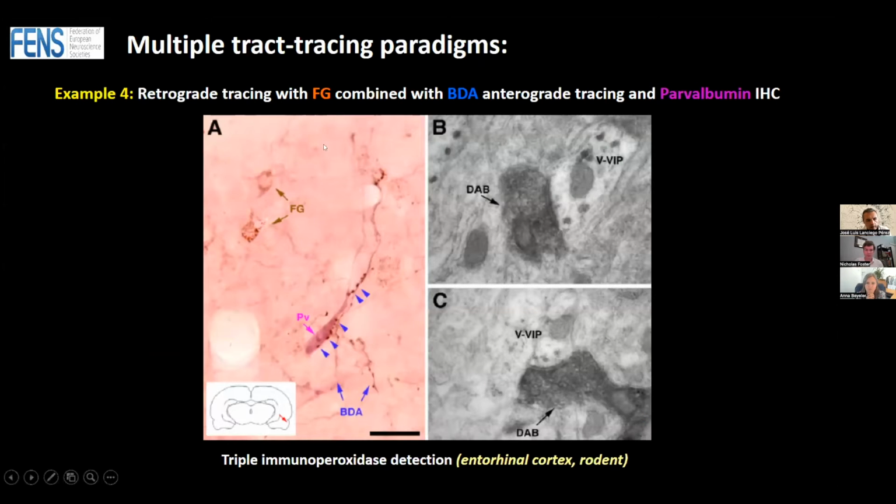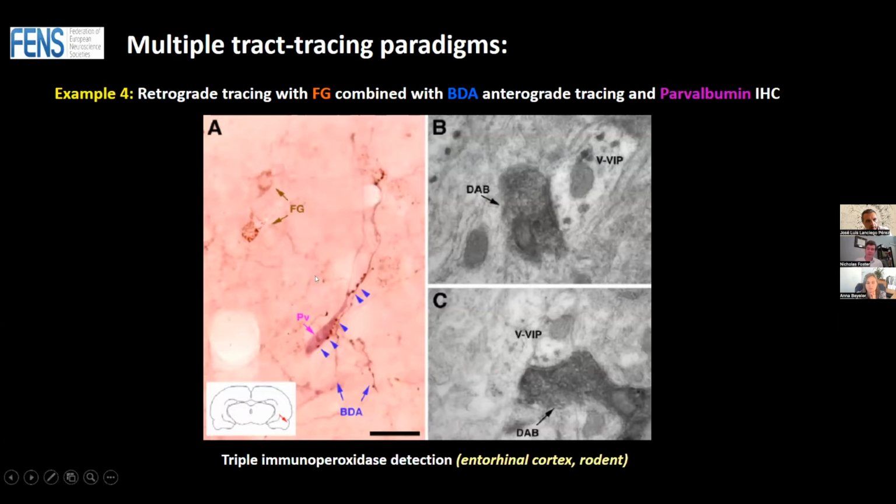This is another example of multiple immunoperoxidase stain. This picture was taken at the level of the entorhinal cortex of rats, where we have 3 different things here. We have BDA fibers going from the perirhinal cortex to the entorhinal cortex. We have fluorogold positive neurons that project to the dentate gyrus.